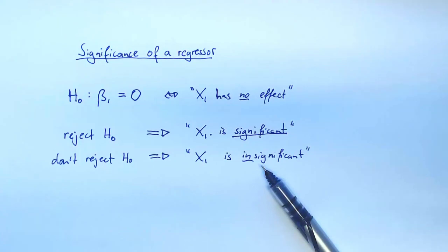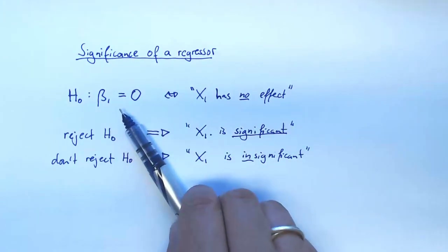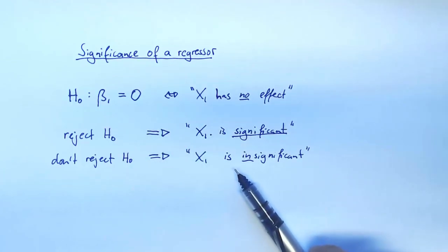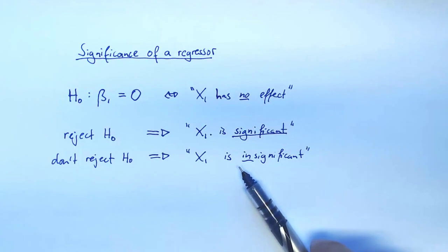So as always, when you don't reject the null hypothesis, we don't actually learn anything, right? In particular, we don't learn that beta 1 is 0. All that we learn is that we don't have enough data to conclude that the effect is not 0, right? Big difference.